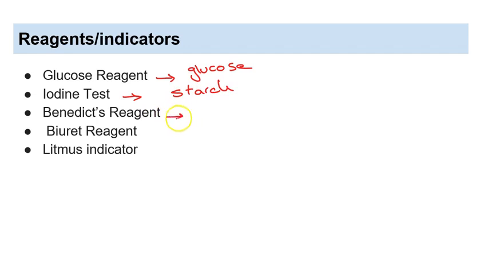Benedict's reagent is going to test for simple sugar, like monosaccharide, like again glucose. Biuret reagent is going to be used for testing proteins.